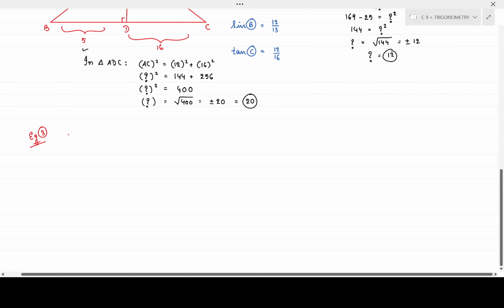Given that sine theta equals P by Q, then find cos theta plus sine theta in terms of P and Q. This is the given question.